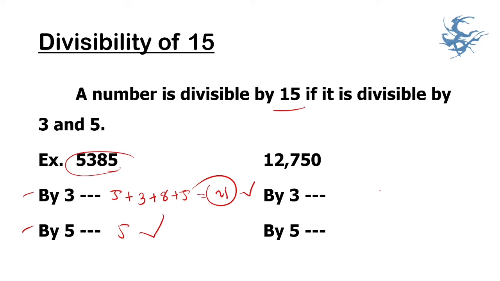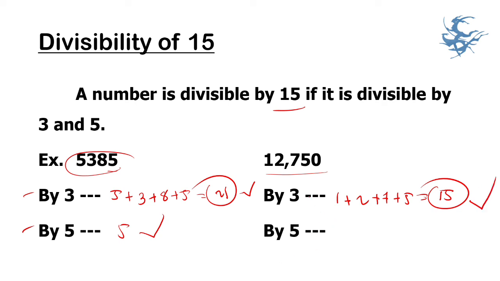Okay? With our next example, we have a 5-digit number. Sa divisibility of 3, i-add natin ang lahat ng digit. 1 plus 2 plus 7 plus 5. 1 plus 2 is 3 plus 7, 10 plus 5 is 15. And that is a multiple of 3. So, divisible by 3 siya.